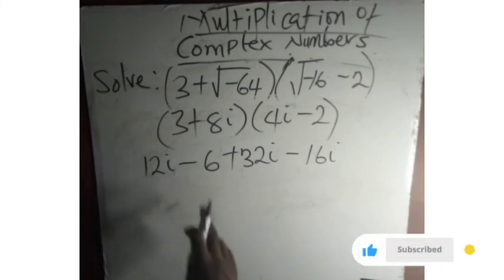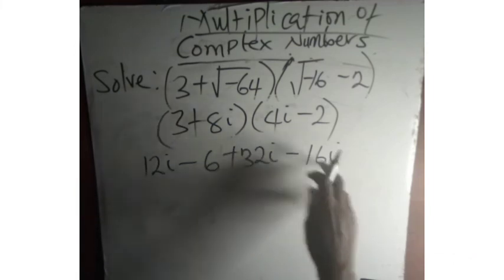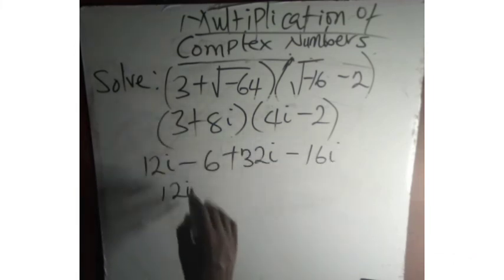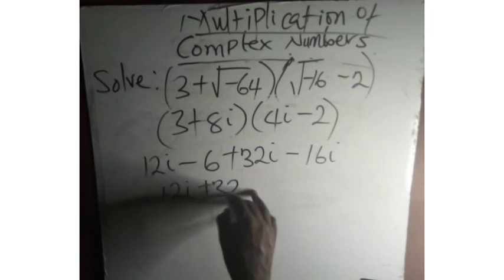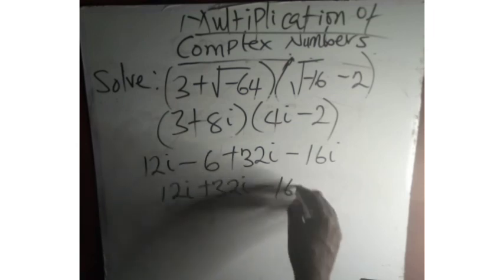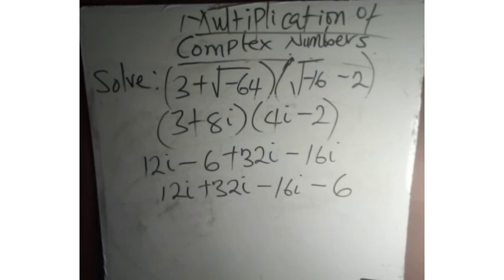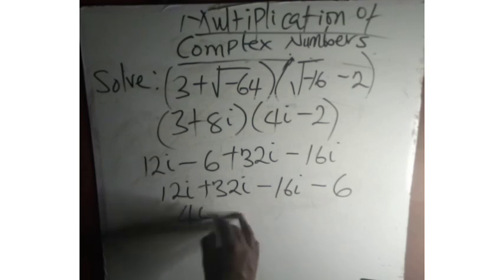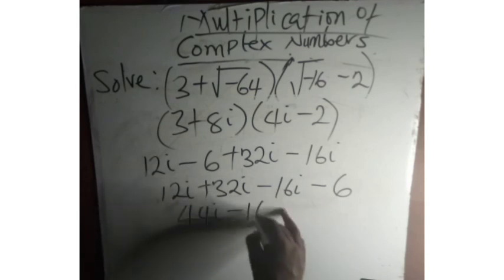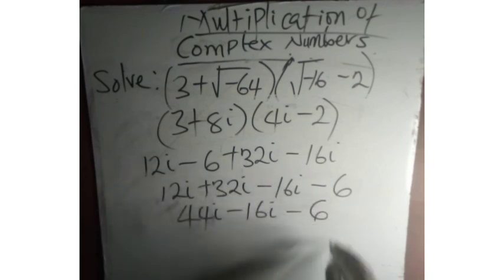So collecting like terms together, this is 12i plus 32i minus 16i, then minus 6, right? Now this is 12i plus 32i, which is 44i, minus 16i minus 6.